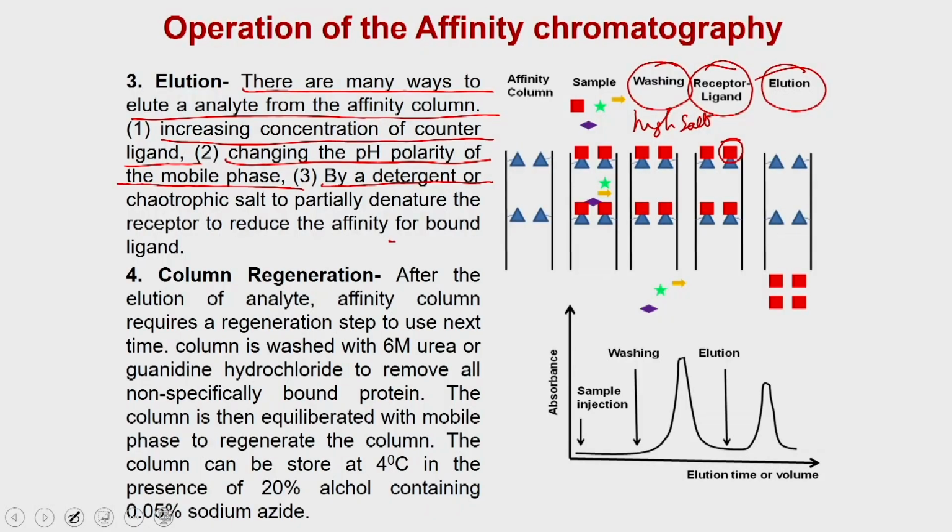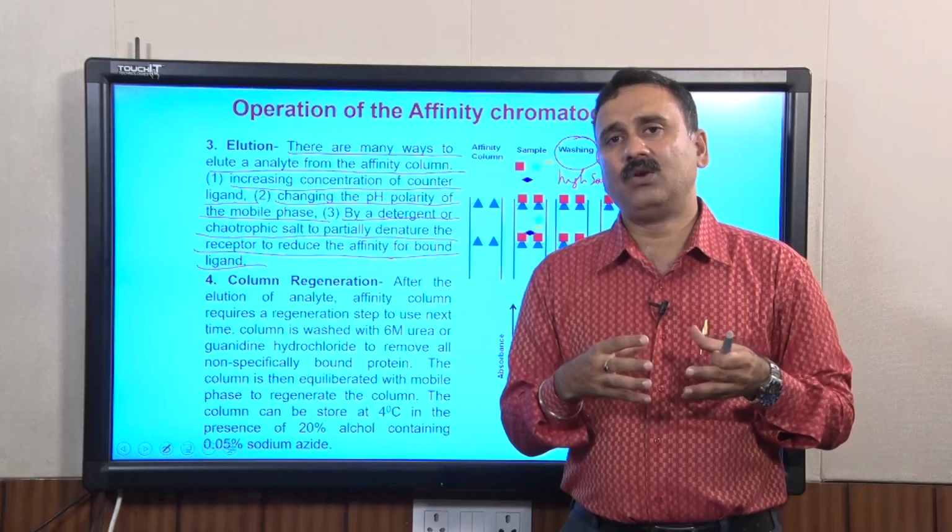At the end, if none of these methods are good enough, you can use a detergent or a chaotropic salt to denature the receptor and reduce its affinity for the bound ligand. If you remember, we discussed that the 3-dimensional conformation of the receptor as well as the ligand is very important for them to form electrostatic, hydrophobic and other kinds of interactions.